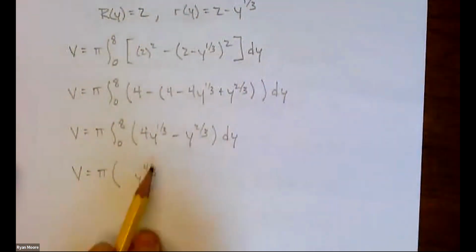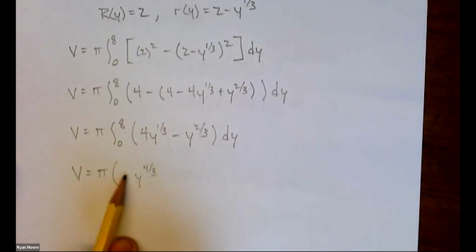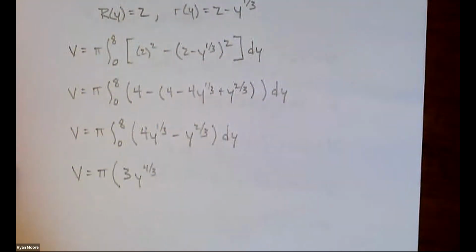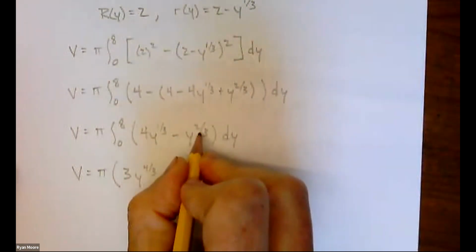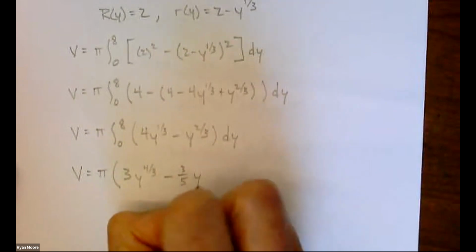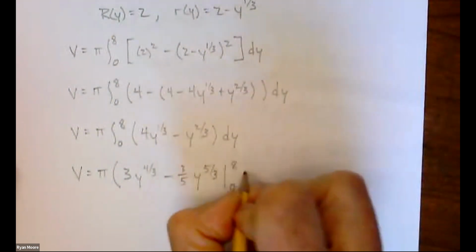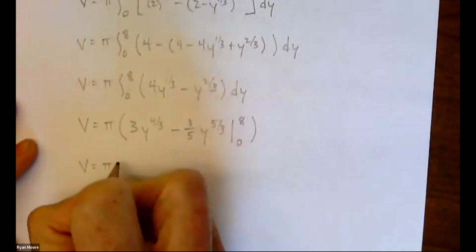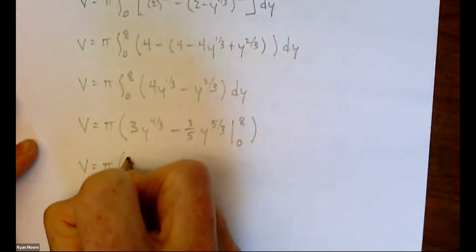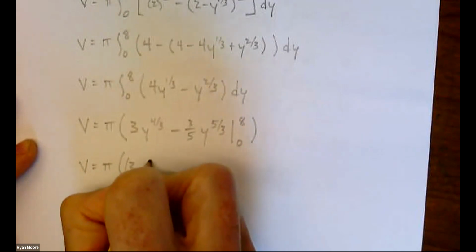Let's see, what are we going to have here? y to the 4/3. What would that be? 3? We cancel out and get a 4, minus, that'd be 5/3, so 3/5 y to the 5/3 from 0 to 8. Okay, we're almost there. Plugging in, pi. Let's see, 3 times 8 to the 4/3.